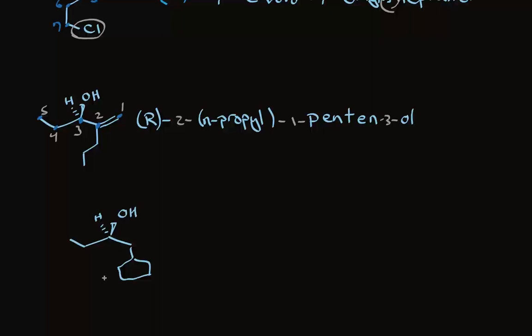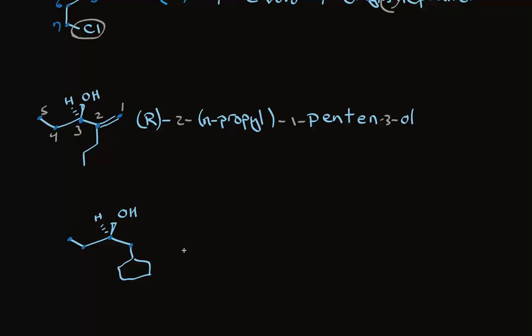The rule is still the same. Find the longest chain or alkyl group that contains the highest priority functional group. Of course, we identify at the beginning the highest priority functional group. There's only one. And find the longest chain that contains it.